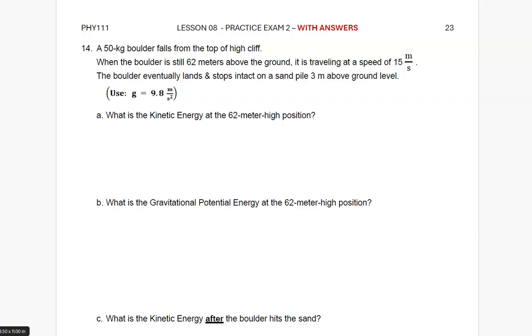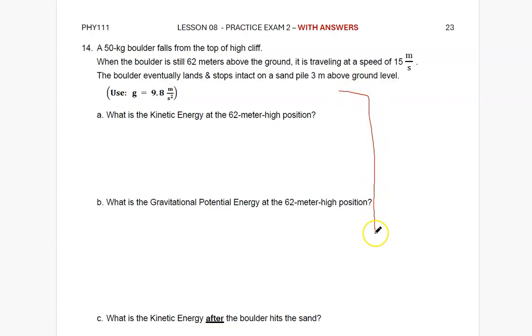Part A says, what is the kinetic energy at the 62 meter high position? And part B says, what is the gravitational potential energy at that same 62 meter high position? So let's draw a quick diagram that explains what's going on. We have this cliff, a boulder initially up at the top of the cliff falls, and at some moment in time, the boulder is in the air.